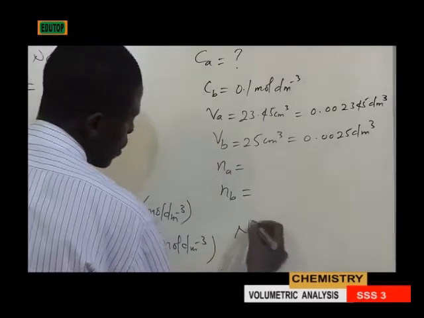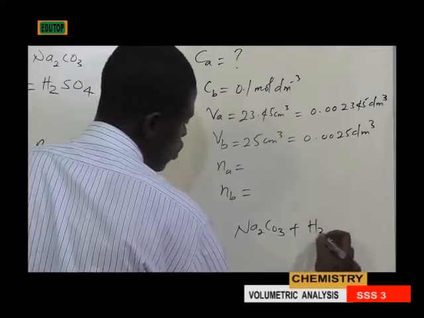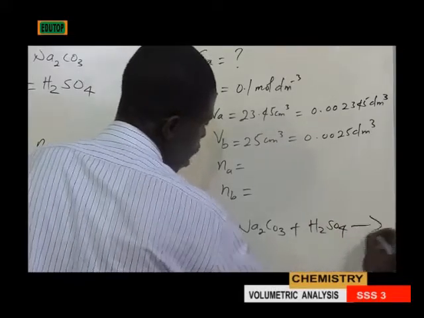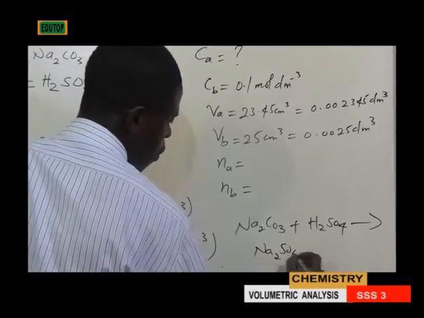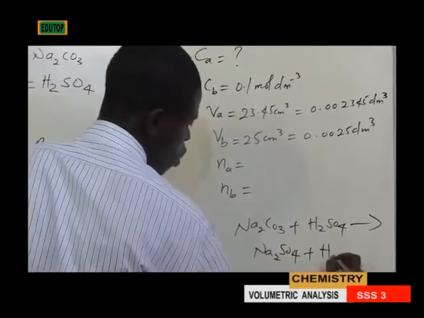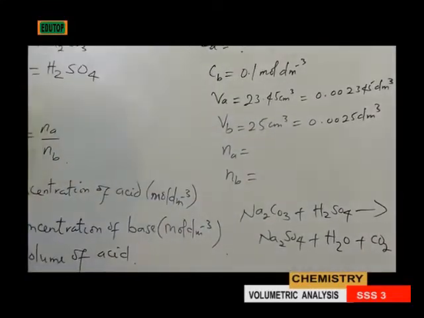This is sodium carbonate reacting with H2SO4, where you have Na2SO4 plus H2O plus CO2 as the product.